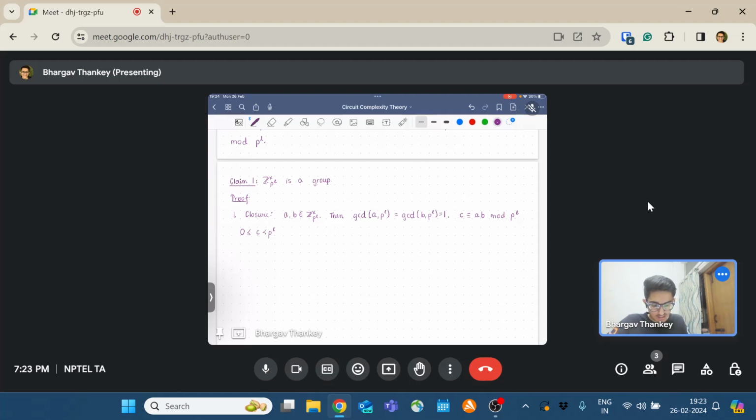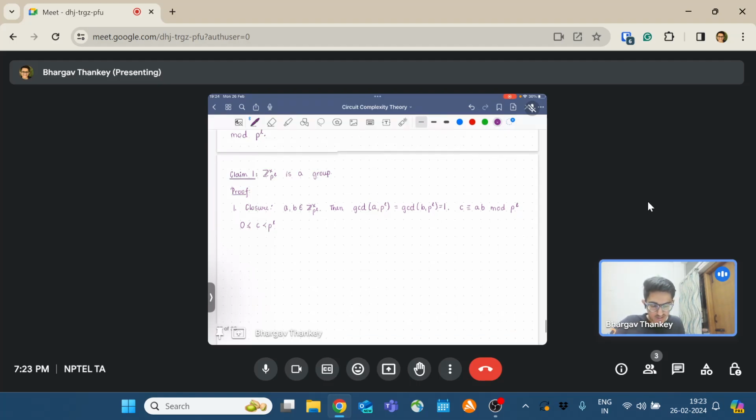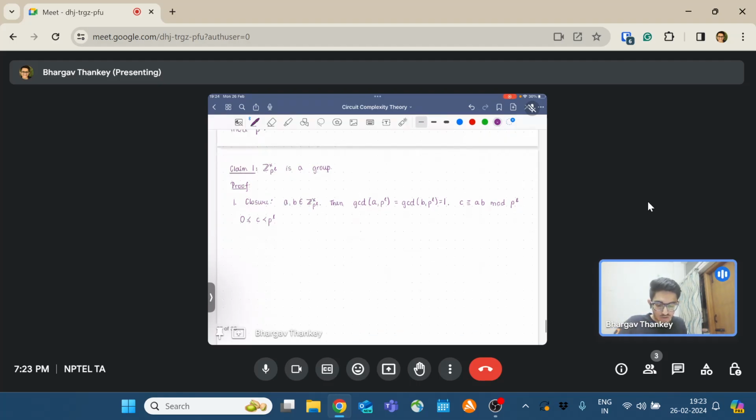Okay, so now we need to show two things. Number one, that C is not 0 and that C is relatively prime to P to the L, right? So my claim is P to the L does not divide AB. Why?